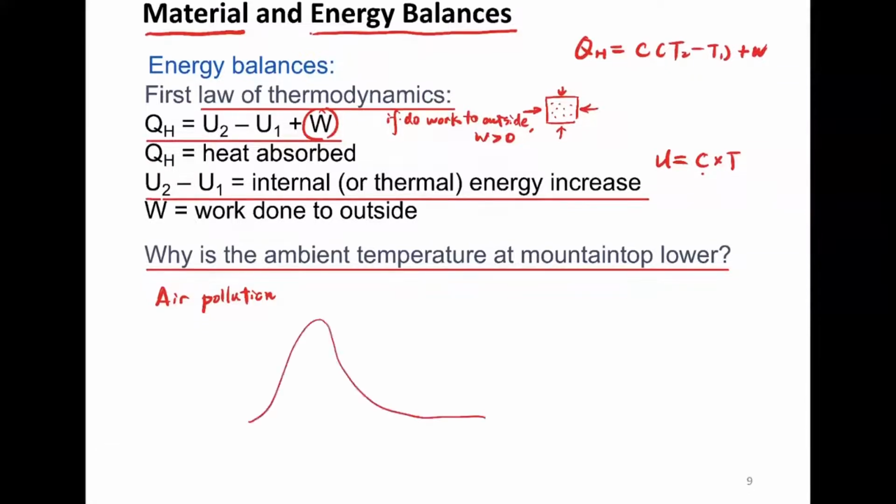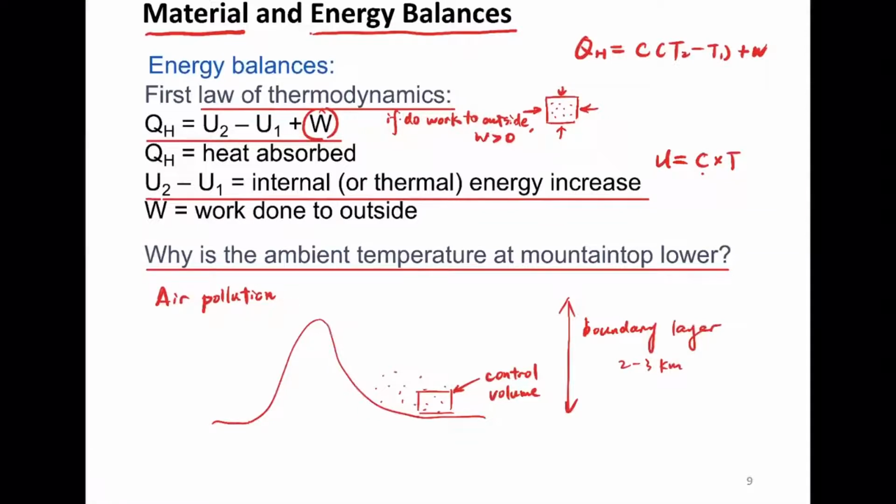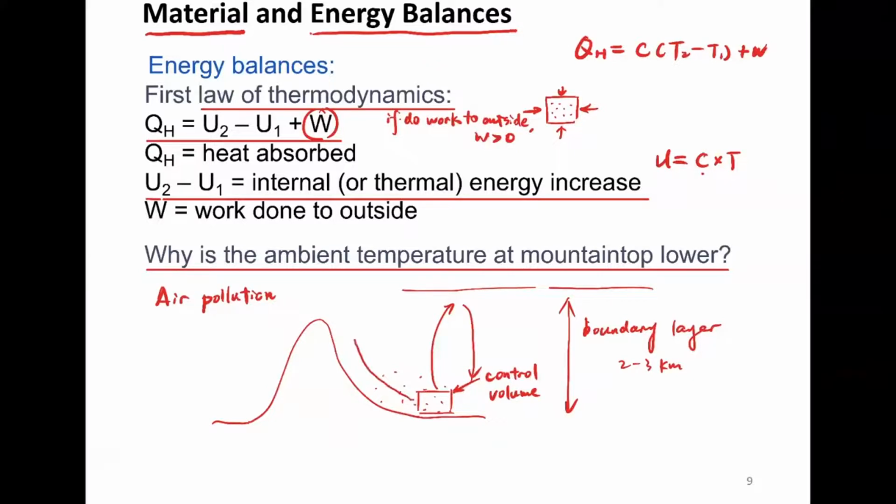Okay, so the boundary layer is normally around, let's say, 2 to 3 kilometers above the ground, okay? Within the boundary layer, the air is quite well mixed. What that means is the air can move up or down quite freely, okay? So let's just choose this air parcel as an example, okay? Let's say that it moved freely from the ground up to the mountain, okay?